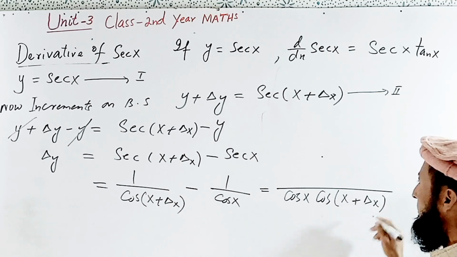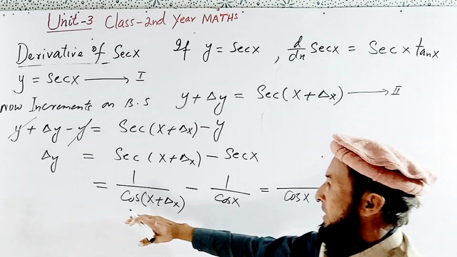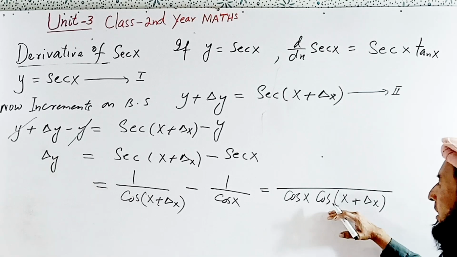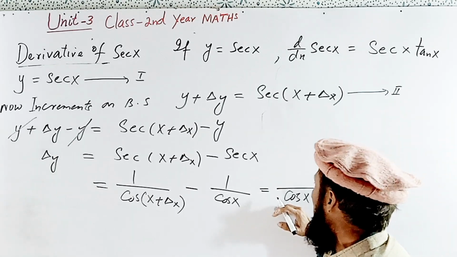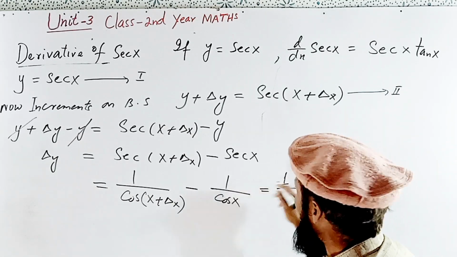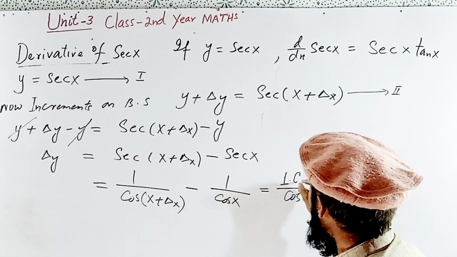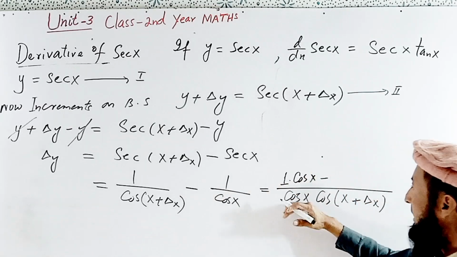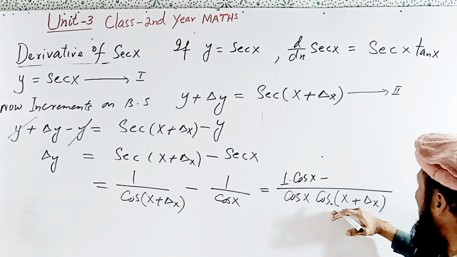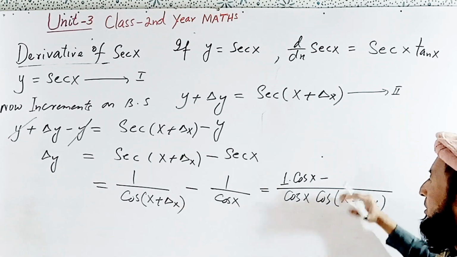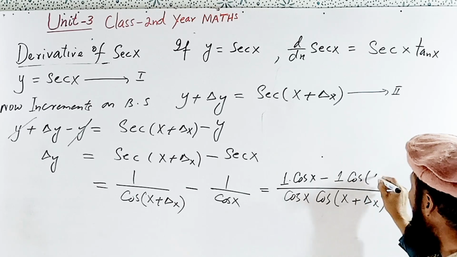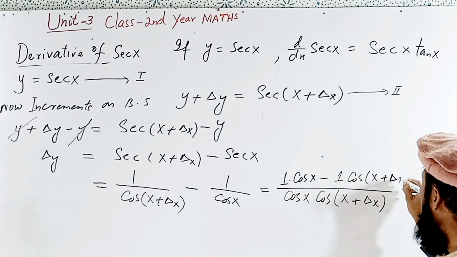Here cos x is remaining, multiplied by the denominator term, minus 1 multiplied by cos of x plus delta x.